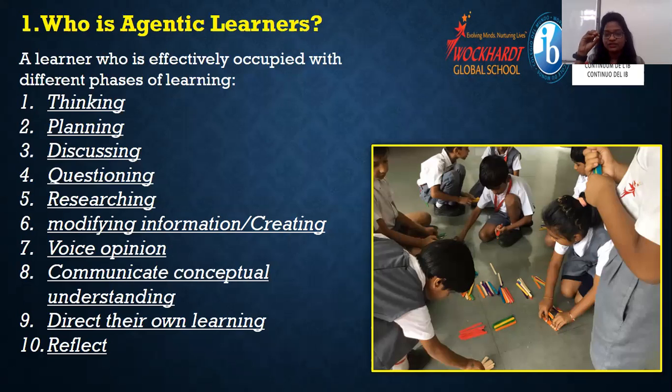All the elements include voice, choice, and ownership. So if you can see a student who is actively engaged in all these things, that particular learner we call an agentic learner.